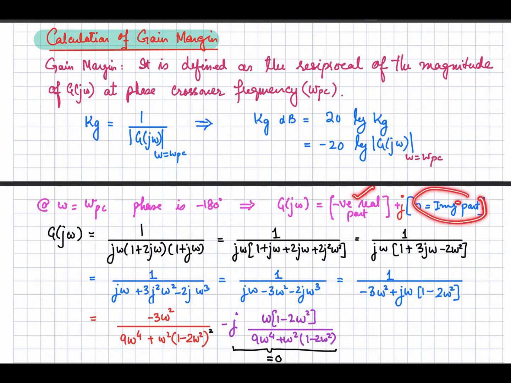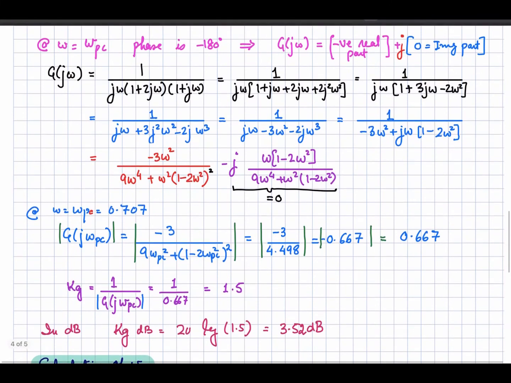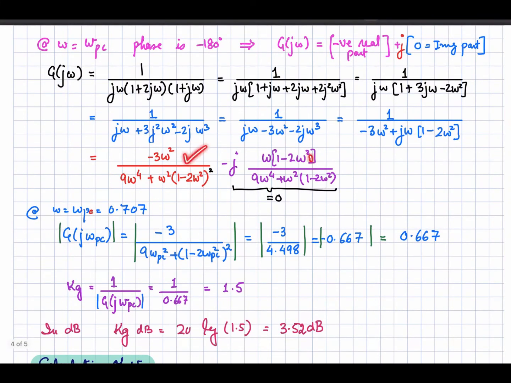Because if this is the condition, then you can have the phase of minus 180 degree. So we have this sinusoidal transfer function. We are just going to simplify it. Here you can see some mathematical steps, and if you simplify and represent in the real and the imaginary part, it will be like this, right? And the imaginary part will be 0 for the phase crossover frequency, right?